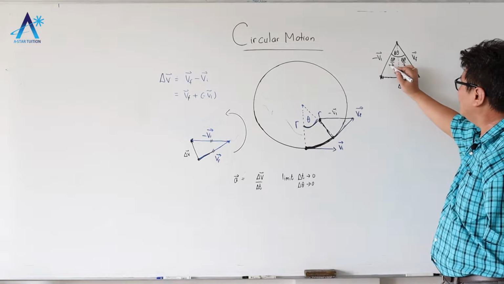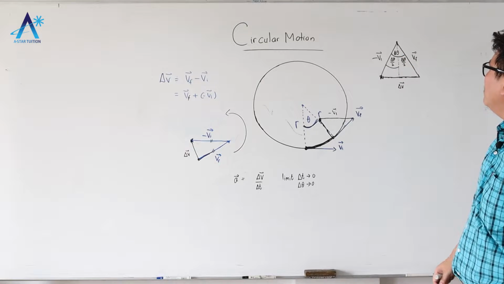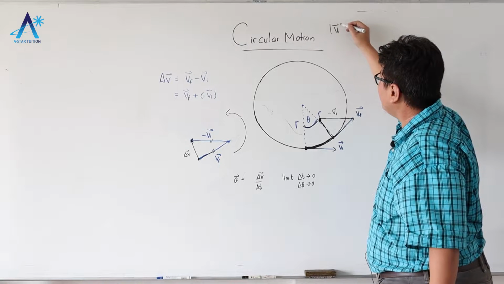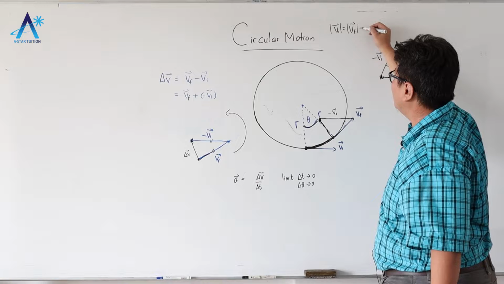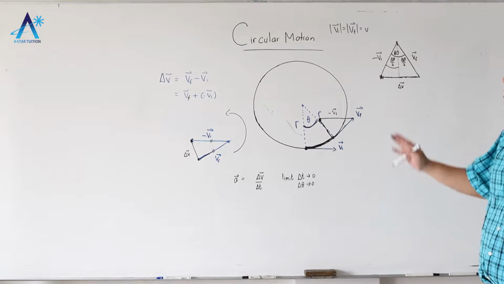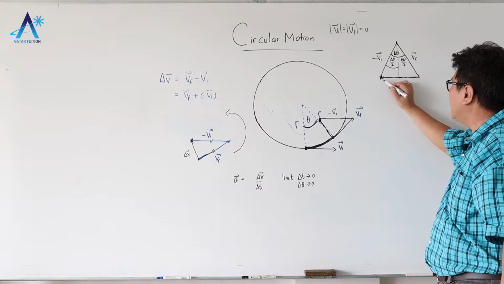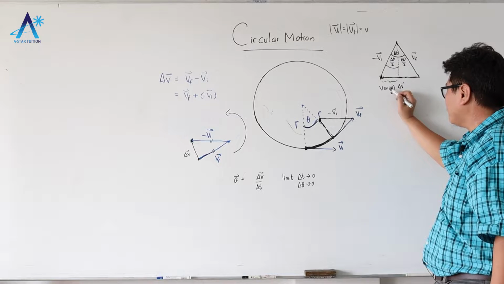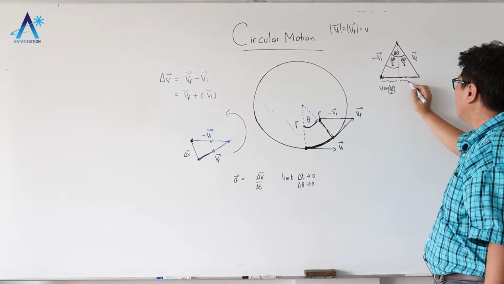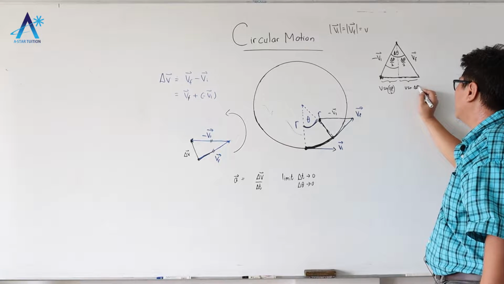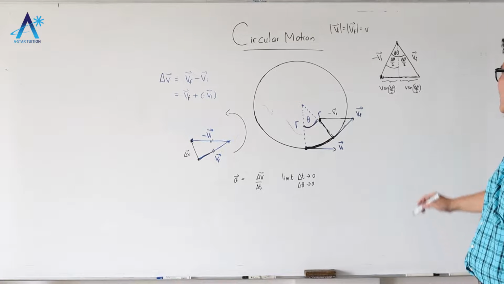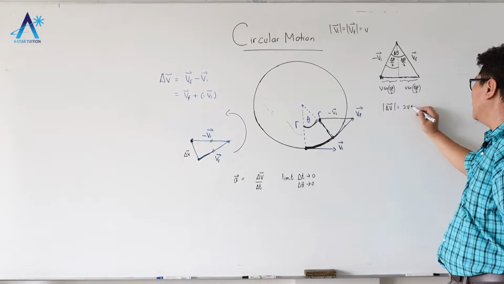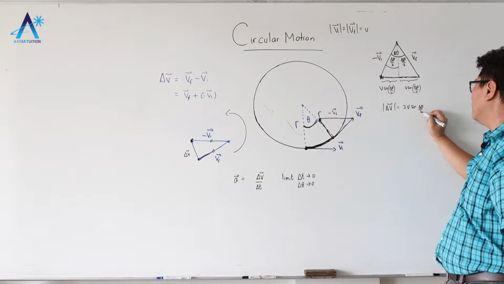Now, this bit, if I multiply by the magnitude of Vi, remember, magnitude of Vi and Vf is the same, which is V, the constant speed. So then here it has a magnitude of V sine of delta theta over 2, and here also the same, V, because of symmetry. So then you can see that delta V, the change in velocity, has a magnitude of twice of this, so 2V sine delta theta over 2.